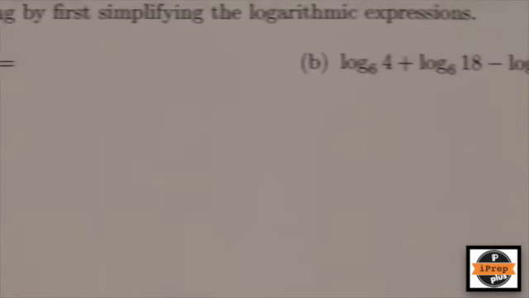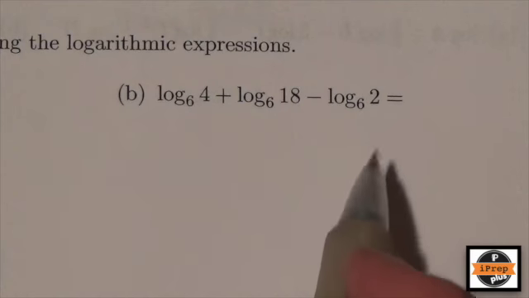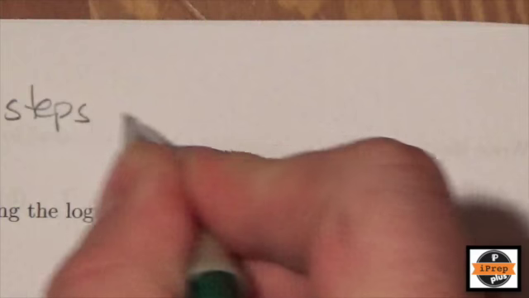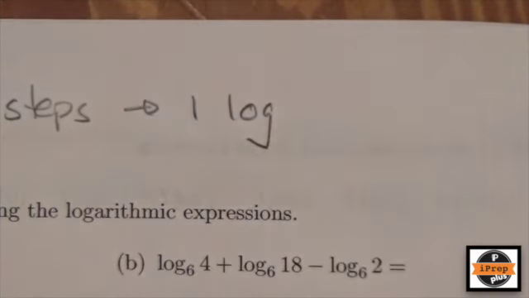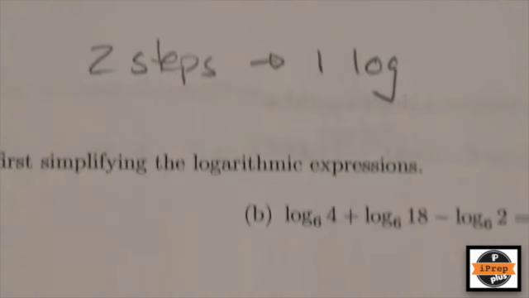Good. Now over here, a little bit more complicated. One of the things I want you to glean from this is a little rule that I teach my students, and I'll write it up here. Basically it's 2 steps. 2 steps should get us 1 log. Whoops, sorry, you couldn't see that. 2 steps to get to 1 log.